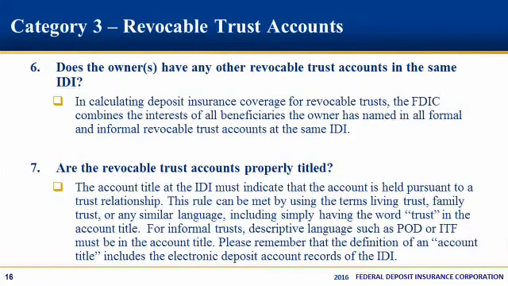This rule can be met by using the terms living trust, family trust, or any similar language, including simply having the word trust in the account title. For informal trust, descriptive language such as payable on death or in trust for must be in the account title. As we discussed previously, the revised rules provide that the definition of an account title now includes the electronic deposit account records of the bank.